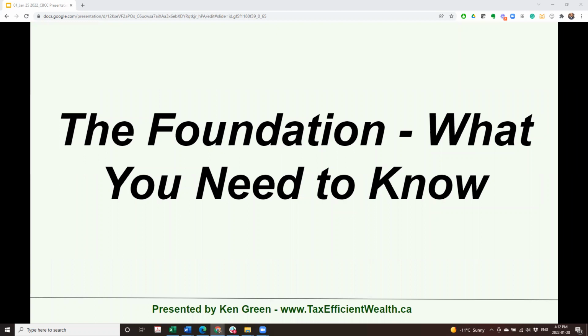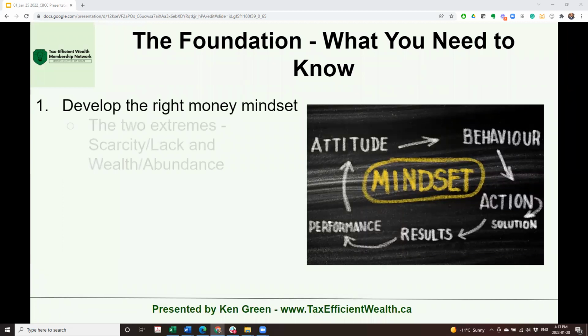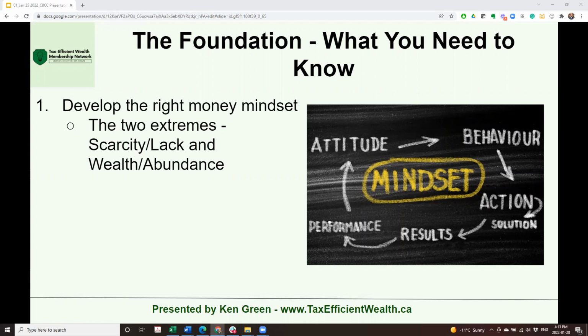Now I want to quickly go through the foundation. What are the key things that you need to know in order to implement this plan? The first thing I want to talk about is developing the right money mindset. I think this is very important. When it comes to money mindset, some people will ask, what is that?